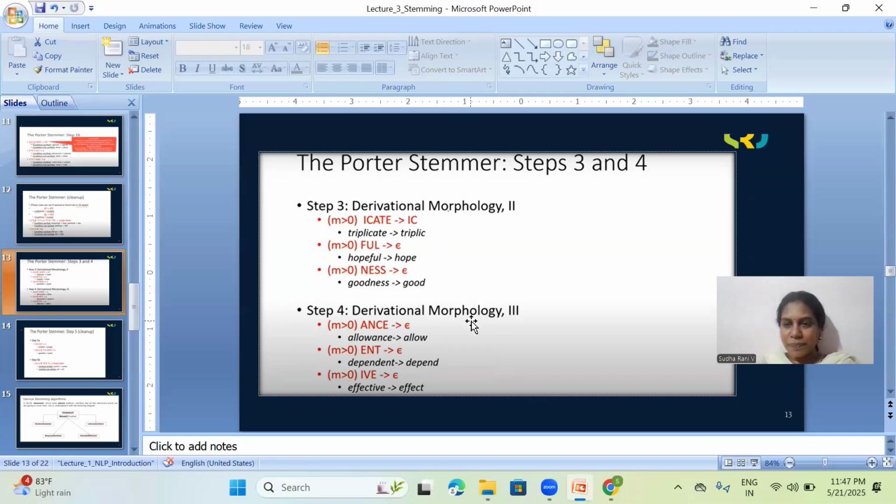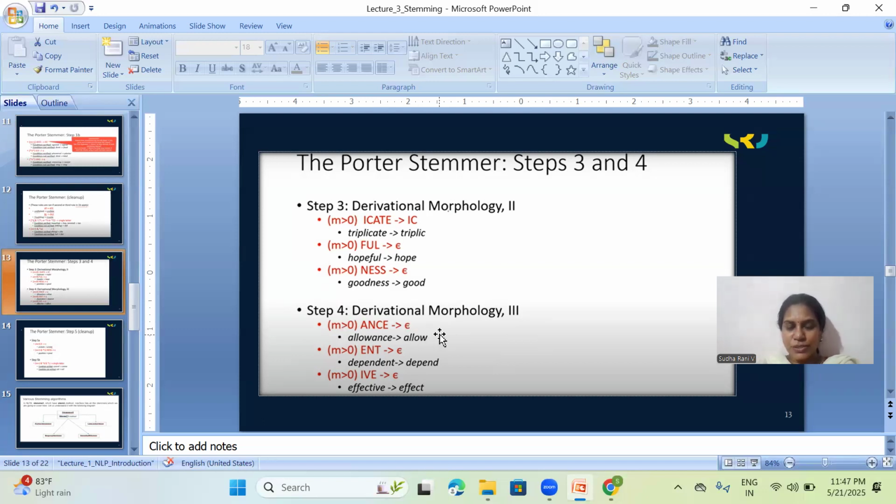In step 4, derivational morphology 3. m is greater than 1. ANCE tends to null.